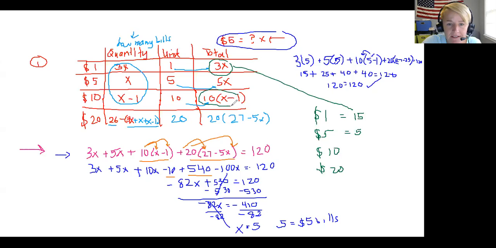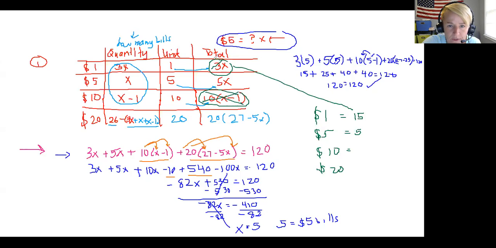For tens, it was 10 times 5 minus 1. Well, 5 minus 1 is 4. And then 10 times 4, there are 4 $10 bills. I want to make sure I'm telling you this right.